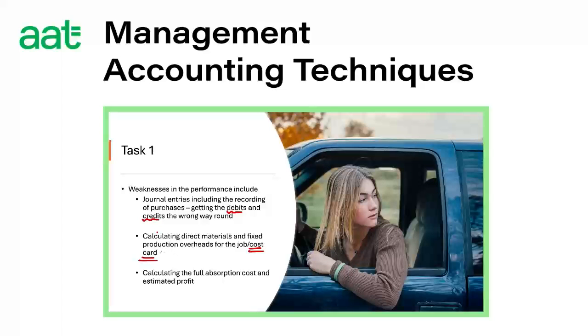A cost card tells you the cost for one unit, whatever it is they're making, whether they're making cars, cupcakes or anything else, chocolates, my favorite. So it's about calculating the cost of one unit. That's what a cost card tells you. We'll have a look at an example in a minute where it'll become a lot clearer how to write up that cost card.